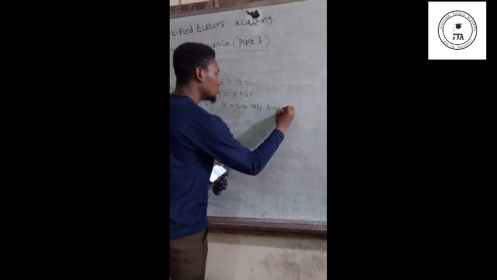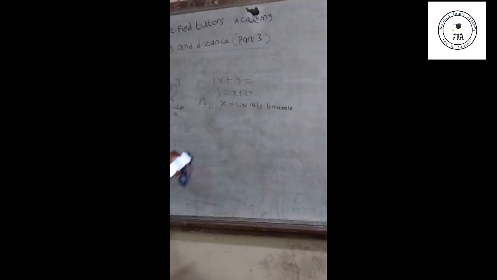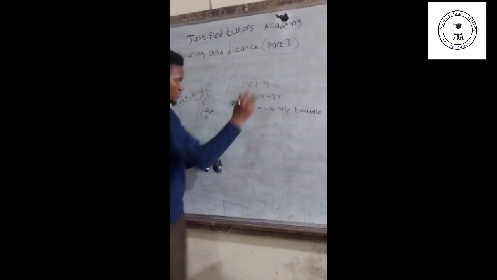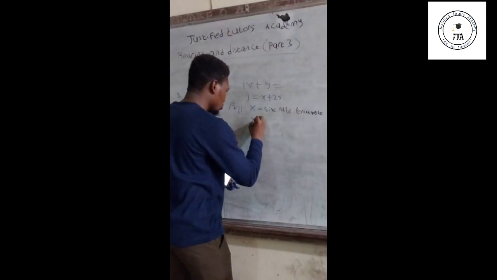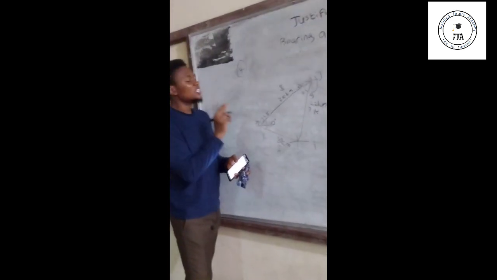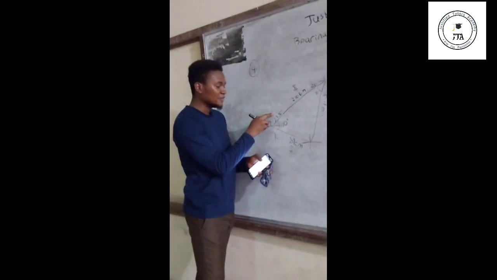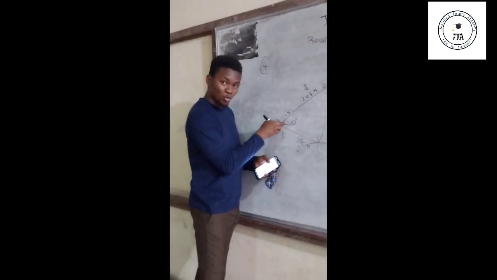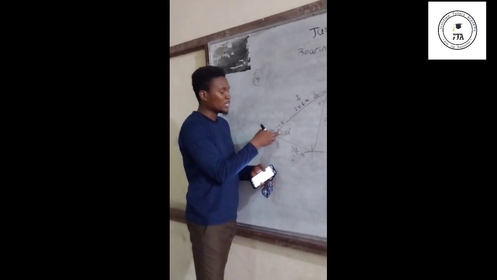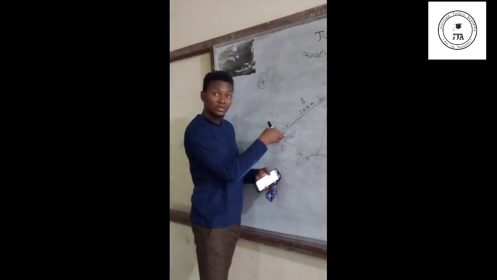Now, how did I get 25 here? 25 was through complementary angles. Since you know here is 65 degrees, it means here also is 25 degrees, because when you subtract 65 from 90 degrees, you get 25 degrees at this point. Are you getting me?